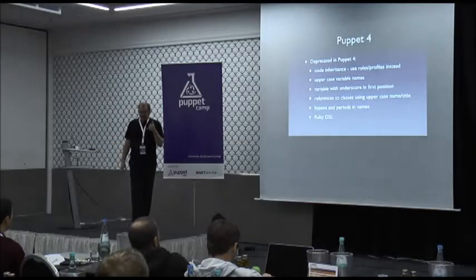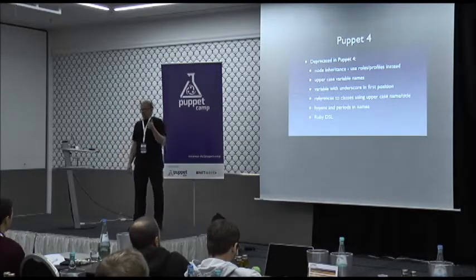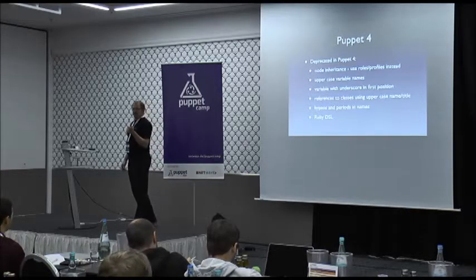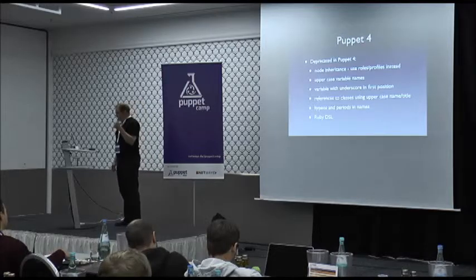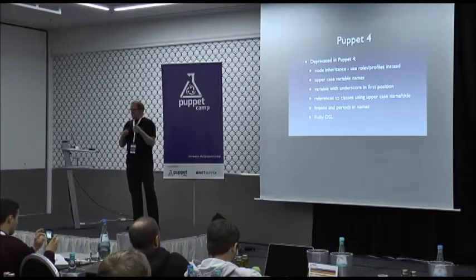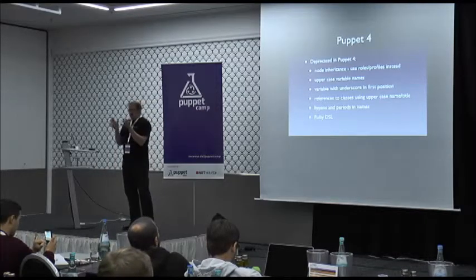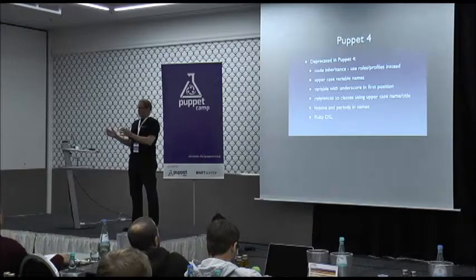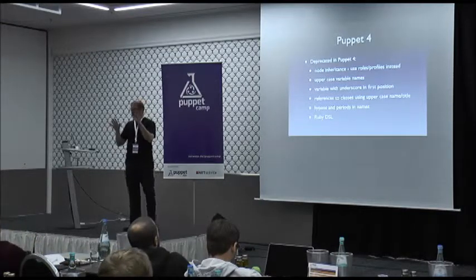So the first thing, what is going to be deprecated in Puppet 4? What will make your Puppet DSL, your node classification stuff, stop working? The first thing, who's using node inheritance? Having something like a base node, declare the base node, and then have the real node inheriting from the base node. Two, three people around?